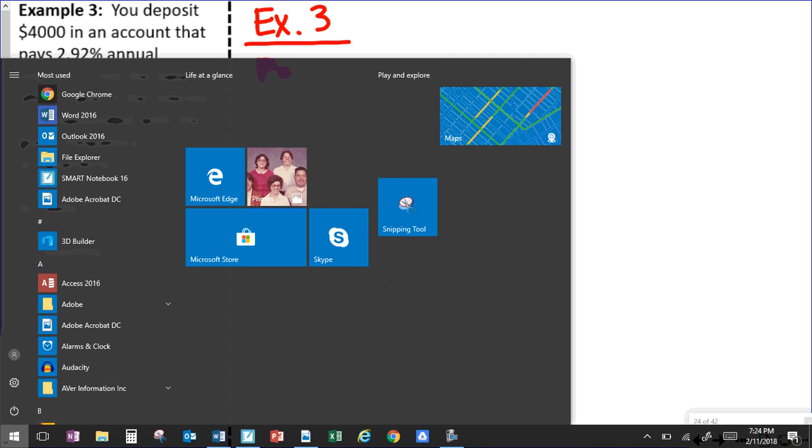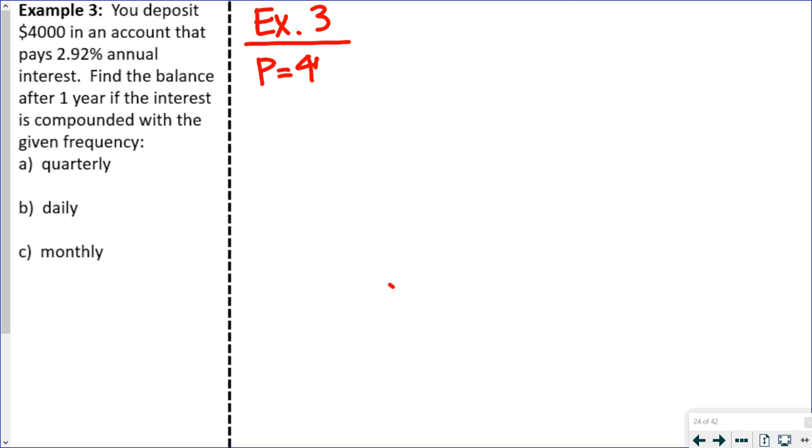We're investing $4,000. The R is the same for all three of these. If I take 2.92 and move the decimal twice to the left, with the 0 there, it's 0.0292. And our T for all of these is going to be 1 year, because that's what it gave us in the problem.